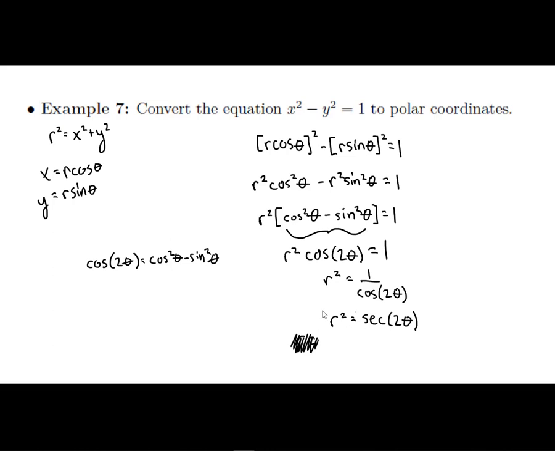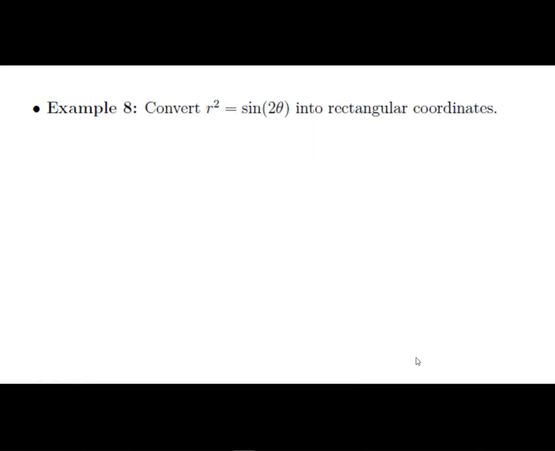And this one, we will go ahead and leave as is. You can leave it as r squared is equal to the secant of 2 theta, rather than turning it into r is equal to plus or minus.